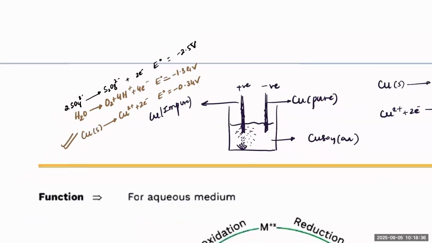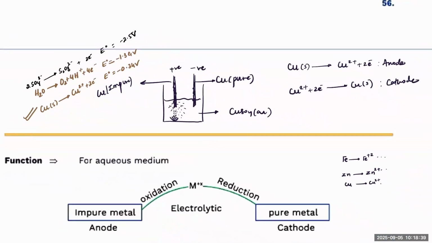On the other hand, copper 2 plus, which is getting dissolved here or already present in the ions in copper sulfate, will start getting reduced, because for reduction I again have two things: water and copper. Reduction potential of water is quite negative, but copper 2 plus is positive.